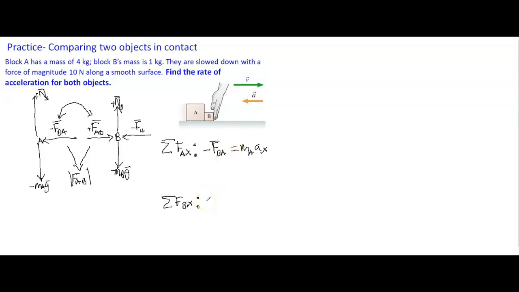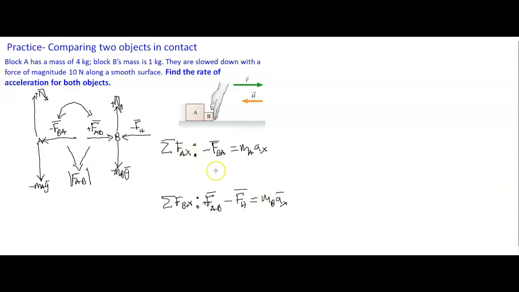And we have object B. We're going to do a force diagram. We're going to sum the forces in the x direction on object B. We have force AB pointed to the right, and we have the hand force pointed to the left, and that's equal to the mass of object B times its acceleration in the x direction.